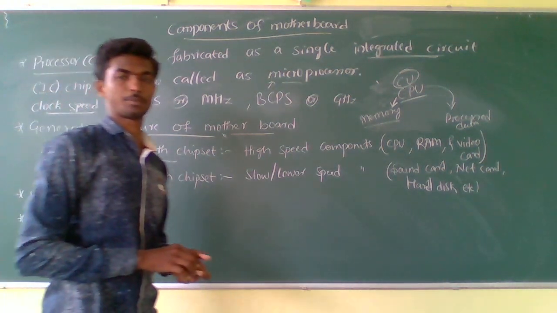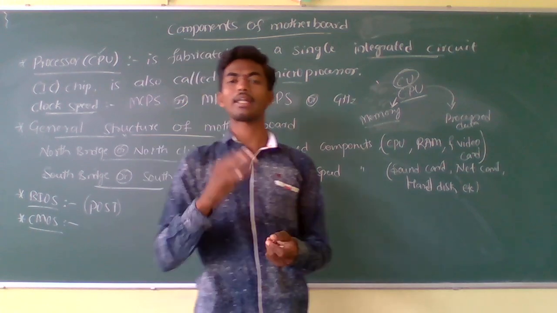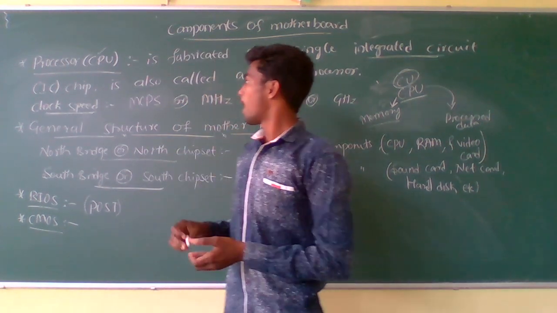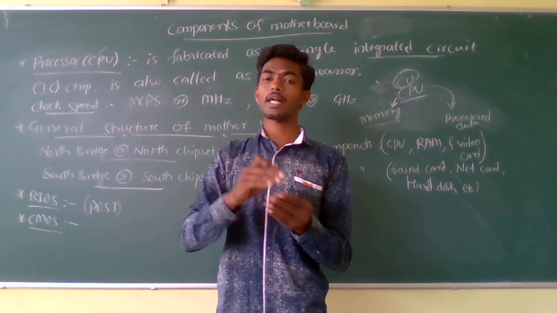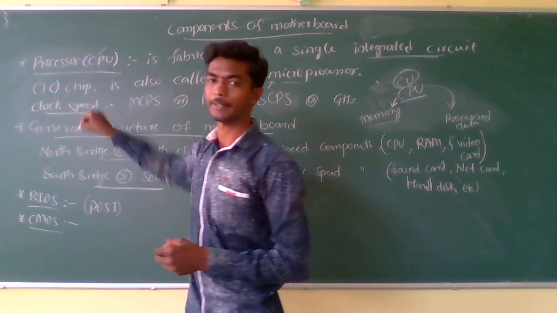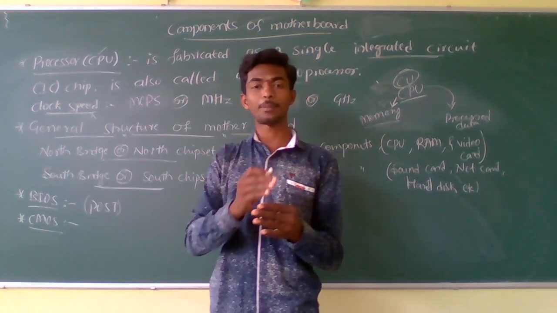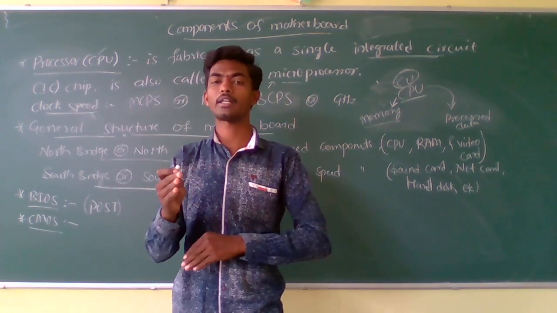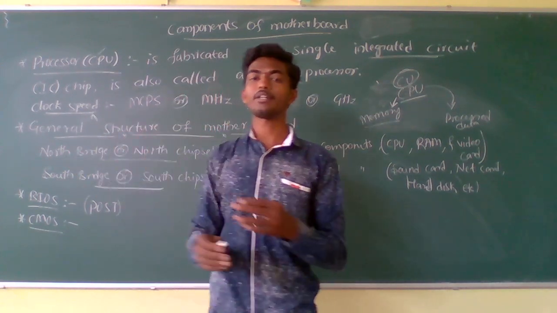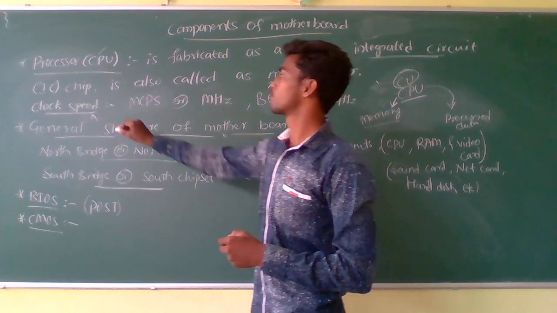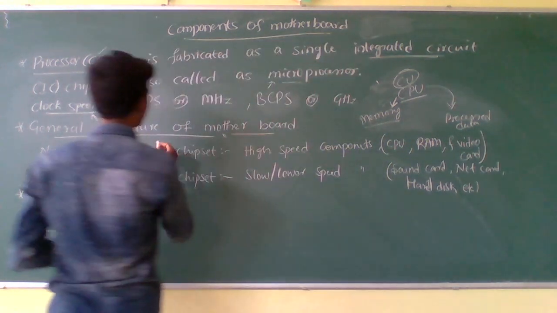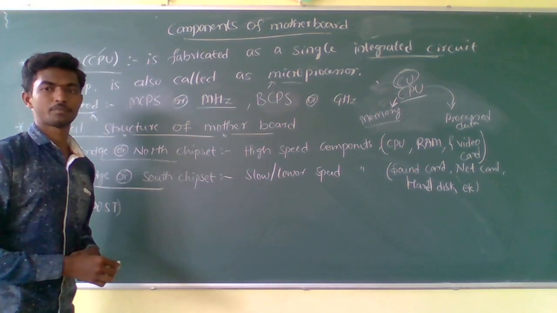What does clock speed mean? We send data to and receive data from the CPU, or a computer, and the speed of that data transfer is called the clock speed. The speed of the flowing data is called the clock speed, and it is measured in megahertz.